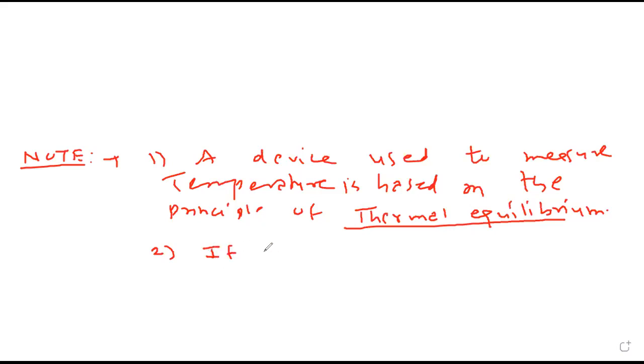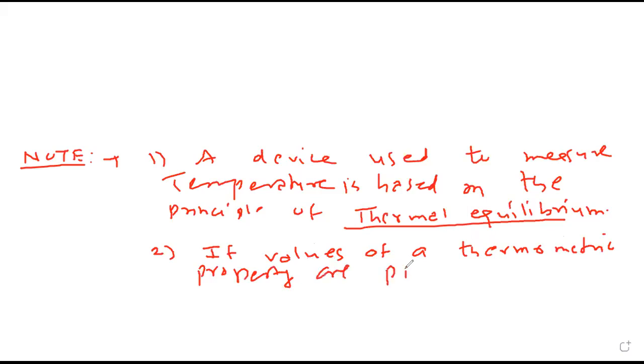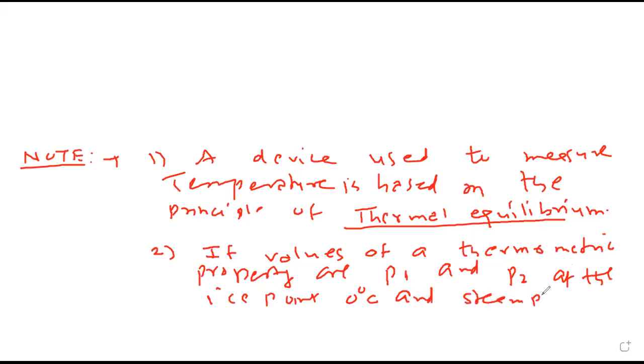If the values of a thermometric property are P1 and P2 at the ice point, 0 degrees Celsius, and steam point, 100 degrees Celsius.